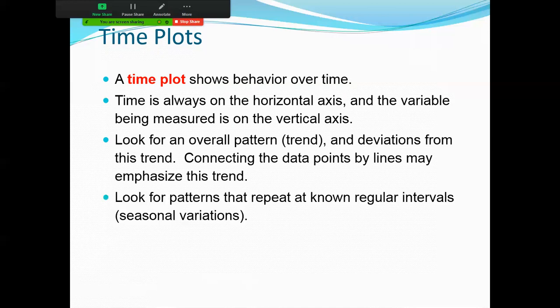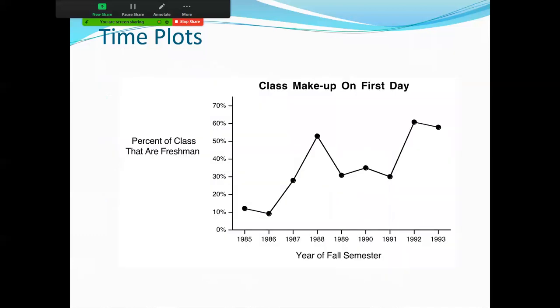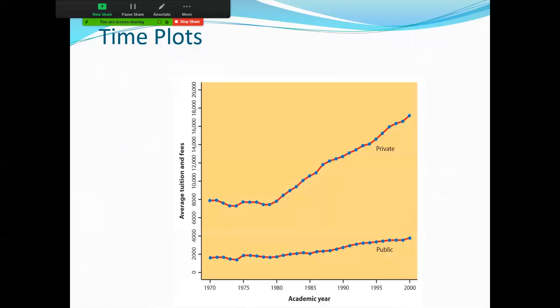Look for patterns that repeat at known regular intervals, seasonal variations. Here we have a time plot. Here we're looking at another time plot between public and private school tuitions.